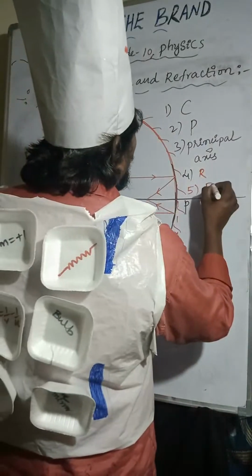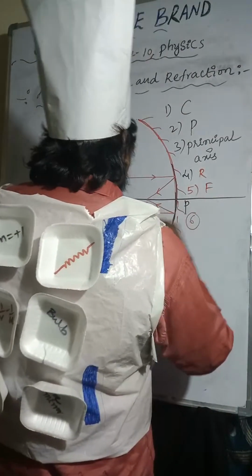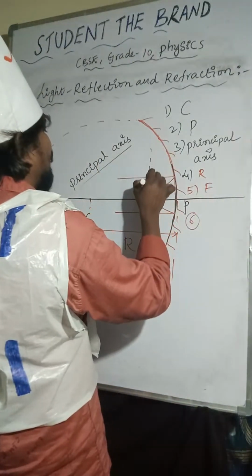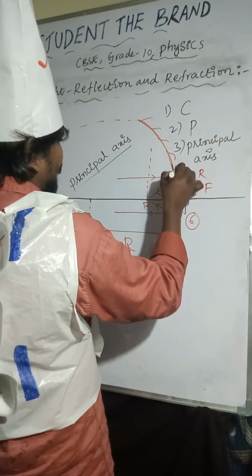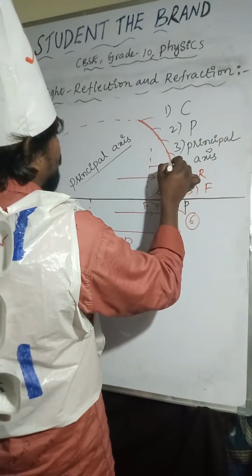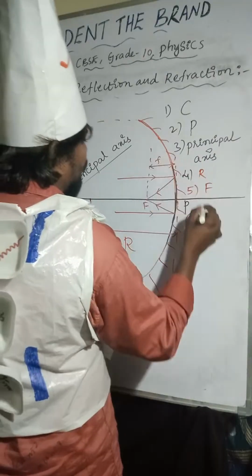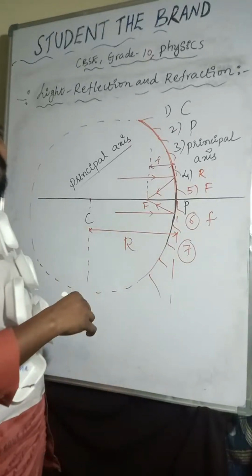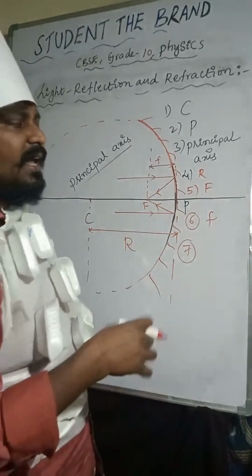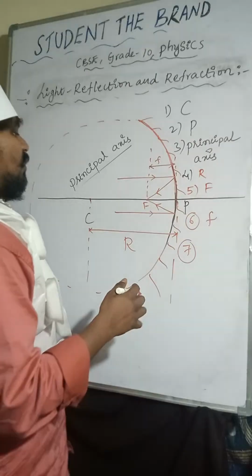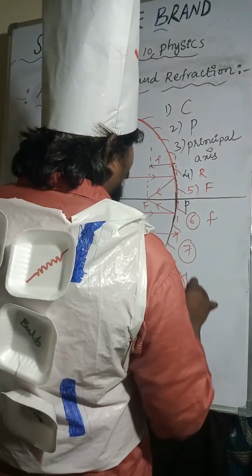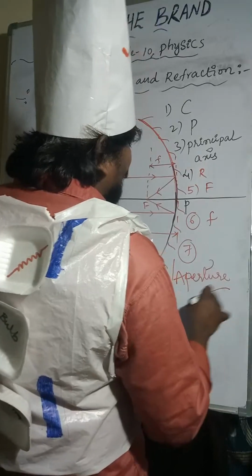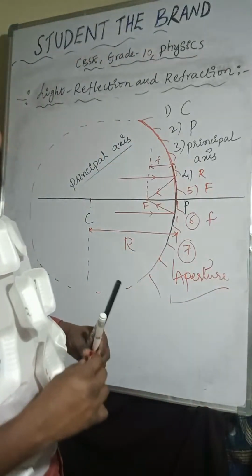The distance between the focus and the pole is called the focal length. And the width of the mirror is called the aperture.